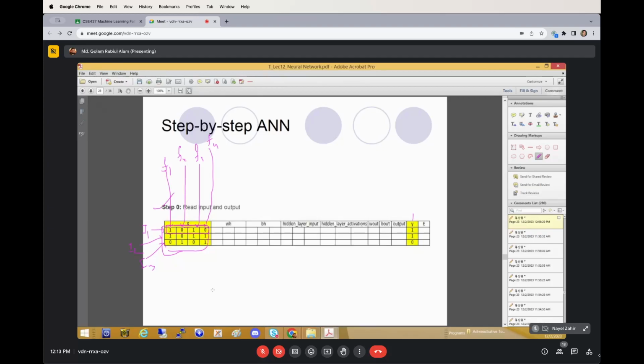Then what will be our neural network steps? We can see there are four features. That means in our input layer, how many neurons do we have to add?